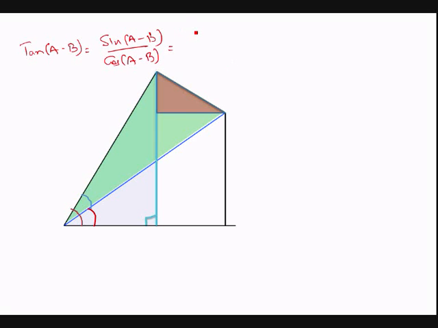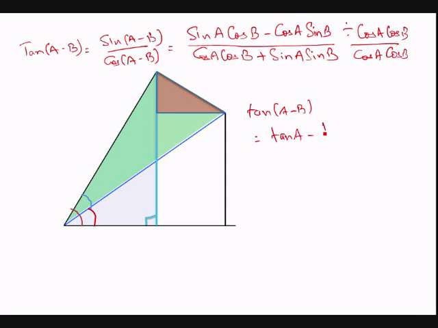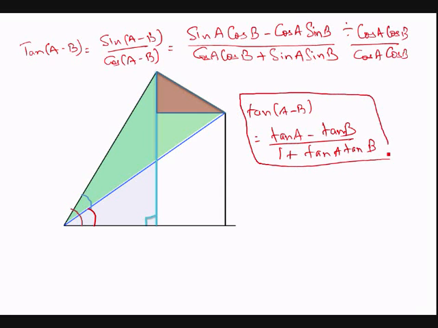Sin(A minus B) was sin A cos B minus cos A sin B, and cos(A minus B) was cos A cos B plus sin A sin B. Again we divide both the numerator and denominator by cos A cos B. You can continue doing this proof and ultimately we'll end up with this formula: tan(A minus B) equals tan A minus tan B over 1 plus tan A tan B. And this is the formula for tan(A minus B).